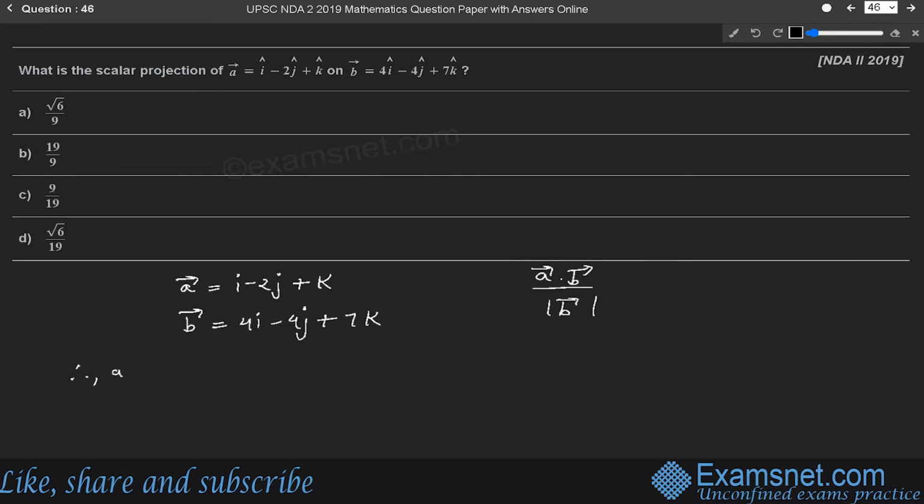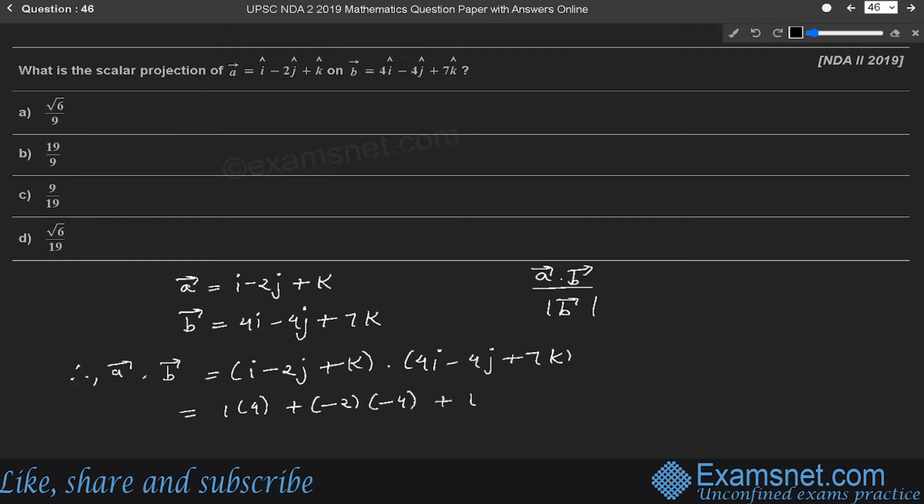Therefore, A vector dot B vector will be equal to i minus 2j plus k dot 4i minus 4j plus 7k. So it will be equal to 1 into 4 plus minus 2 into minus 4 plus 1 into 7. It will be equal to 4 plus 8 plus 7, which is equal to 19.